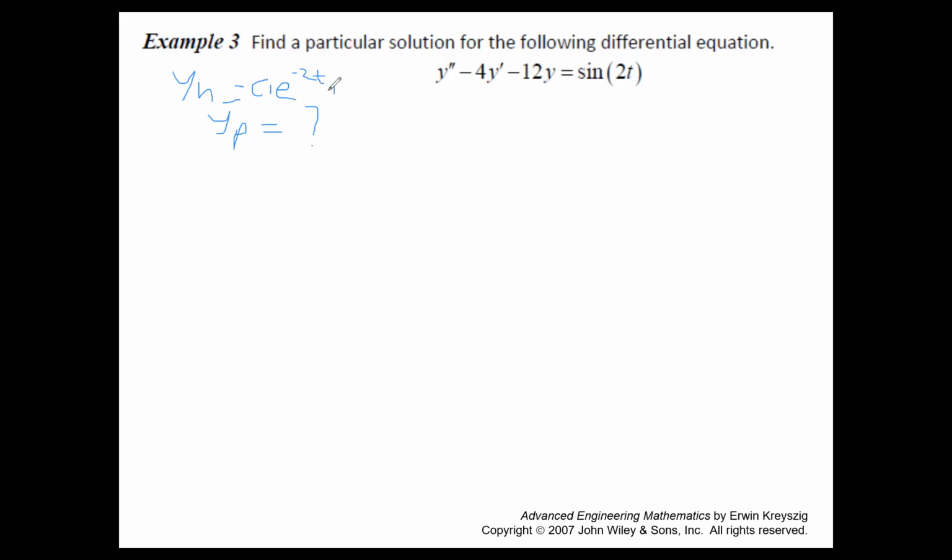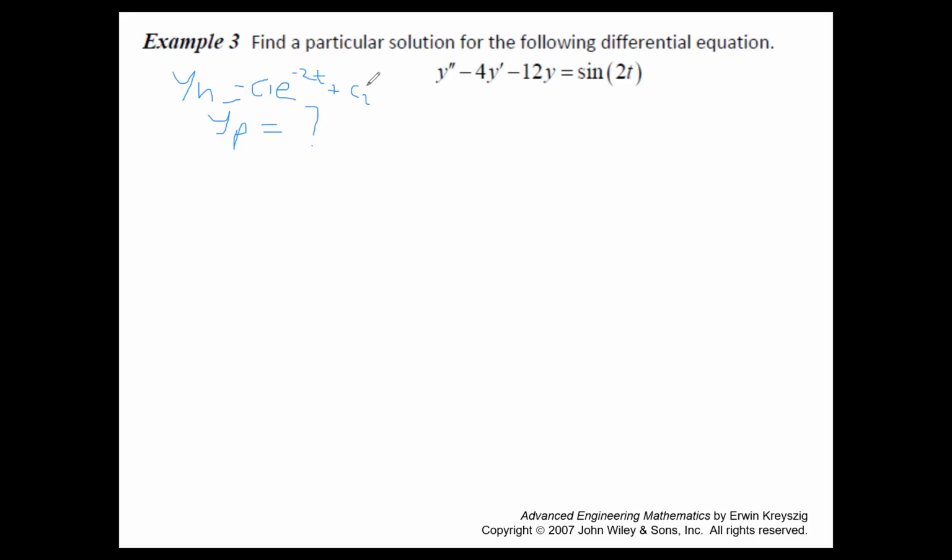For the YP to be inputted, is it different from like lambda squared minus 4 lambda and so on? No, it's different because for the homogeneous one, you have that solution already. This is the same problem as the previous example.